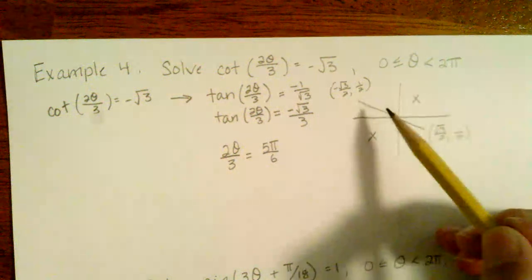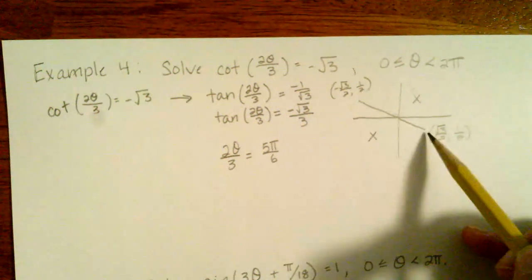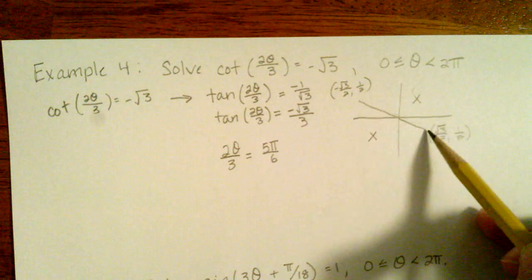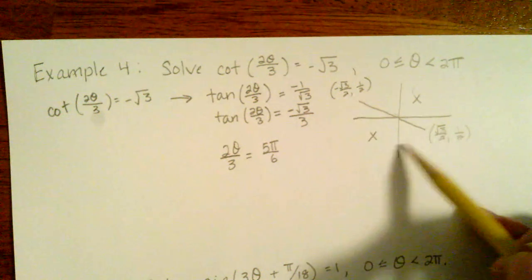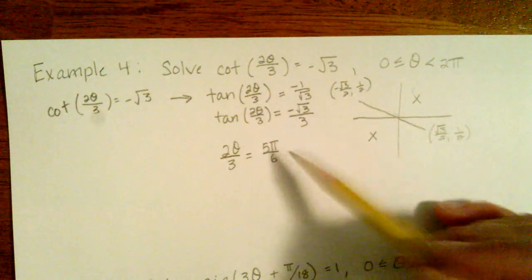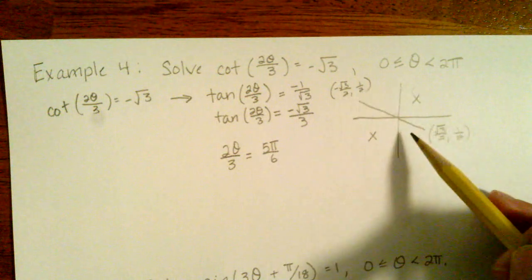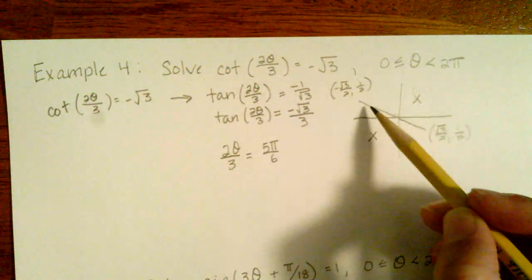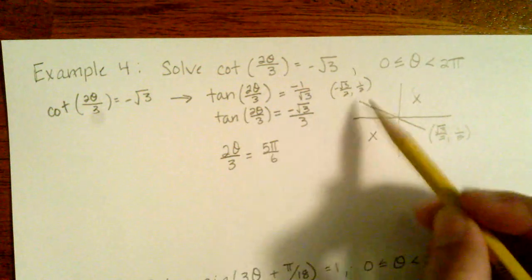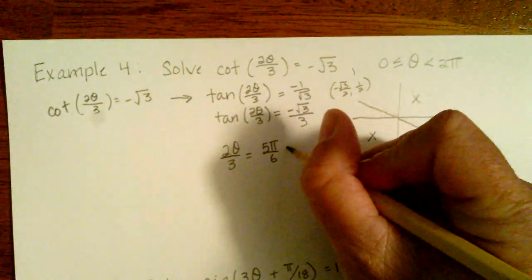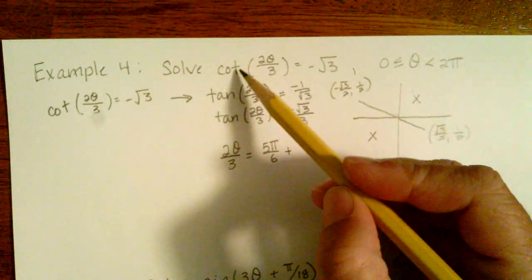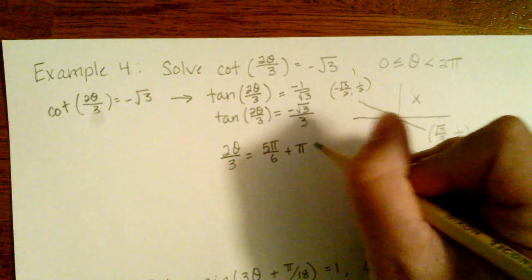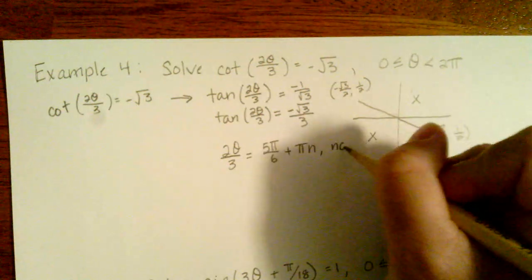But I also notice my next value, 11 pi over 6, is pi units away. So instead of listing the two different values and adding 2 pi n, I'm going to notice that this is 5 pi over 6, and because the period of tangent and cotangent is only pi, I'm going to do plus pi n, where n is an integer.